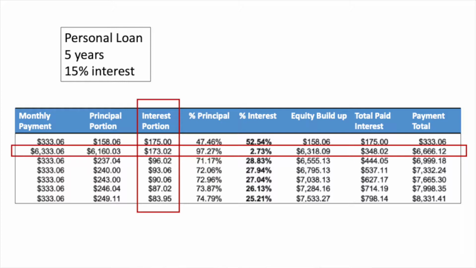So in this example, I took $6,000 from the line of credit and I put it towards the loan. Now take a look at what happens to the payments here. What you can see is the interest portion drops from $173 to $96.